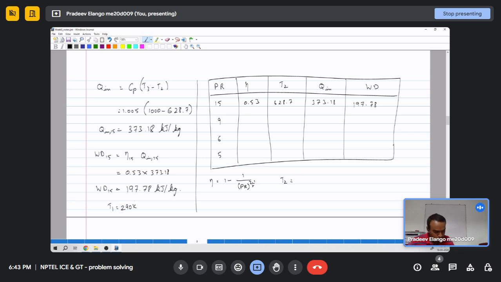I'm just writing the values so that you can calculate easily. T2 is T1 into pressure ratio power gamma minus 1 by gamma, and Q is Cp into T3 minus T2. Yes, T3 is 1000 Kelvin. You have found the efficiency for pressure ratio 9?